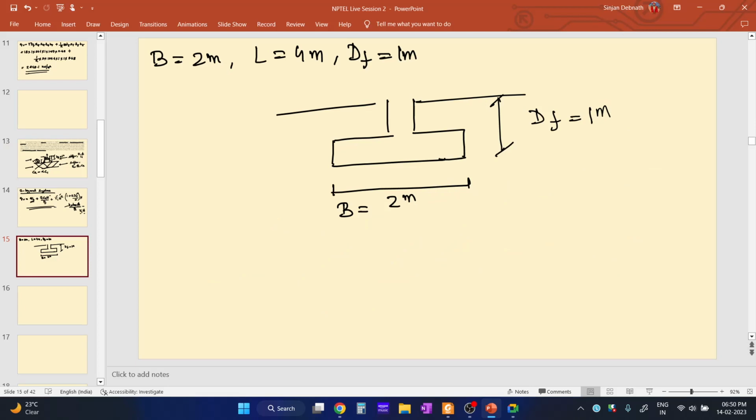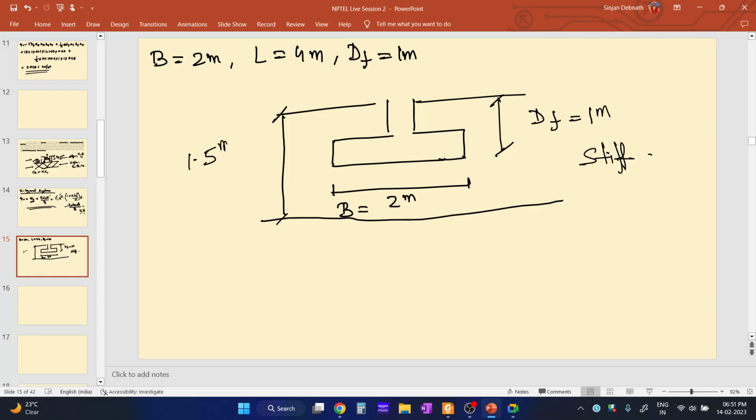So suppose this is the top layer, the whole thing up to this, this is the stiffer layer. So what is the value of H from this part to this part? It is 0.5. H is equal to 0.5 meter.